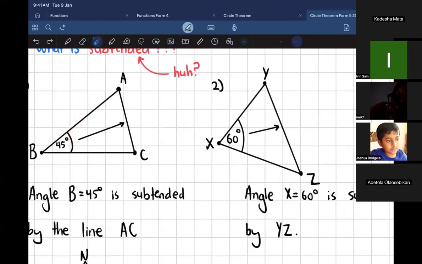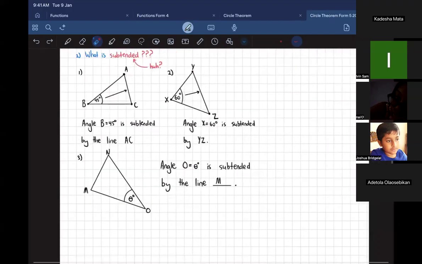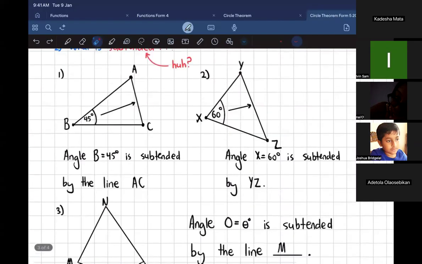It's the same thing in this diagram. Because of YZ, that controls what the angle is. If you make YZ smaller, the angle gets smaller. If you make YZ bigger, the angle gets bigger. So Sky, you understand that 100% now. Yes, sir. It's affected by the line.